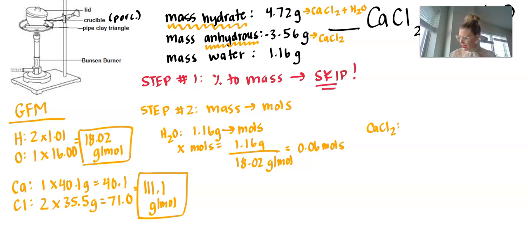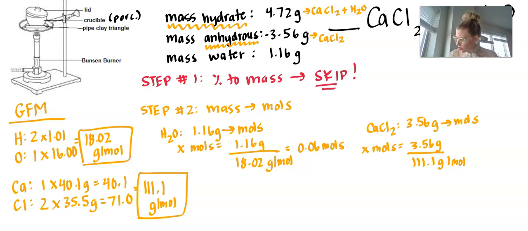For CaCl2, we have again our initial starting mass, which is our anhydrous sample. So that's 3.56 grams, and we're going to convert that to moles. X moles is equal to 3.56 grams divided by 111.1 grams per mole.